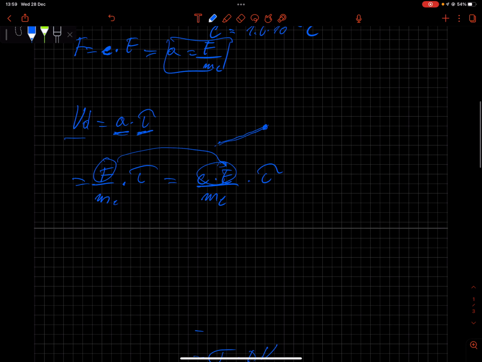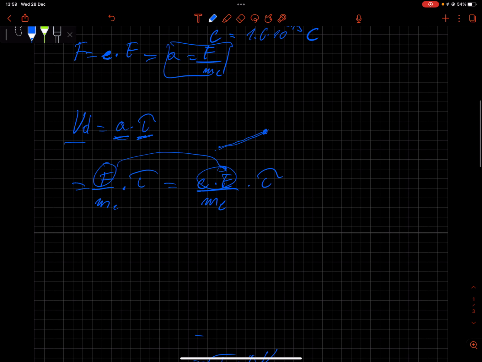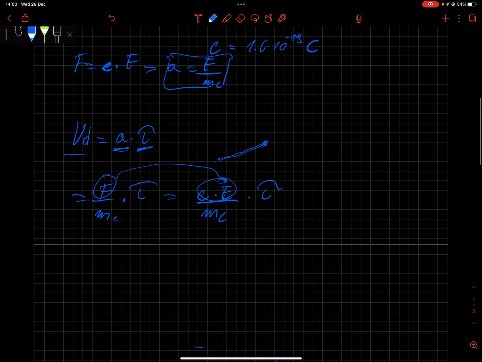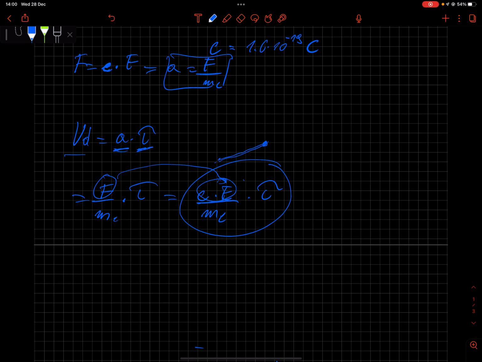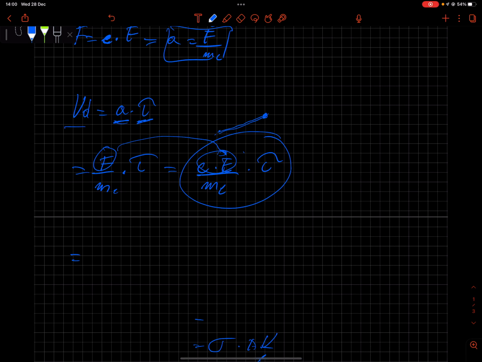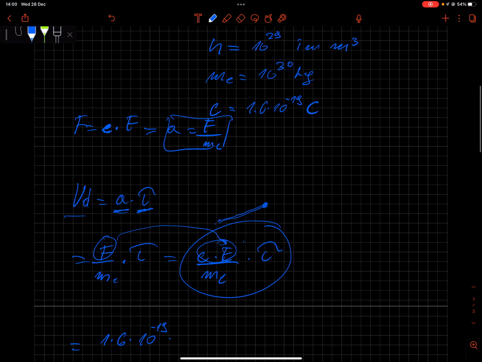Now let's take some real parameters and replace them in this formula. Each electron has a charge of 1.6 times 10 to the minus 19, and then the electric field.